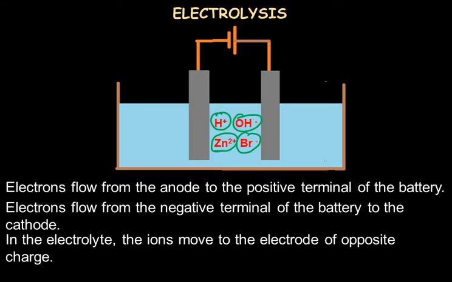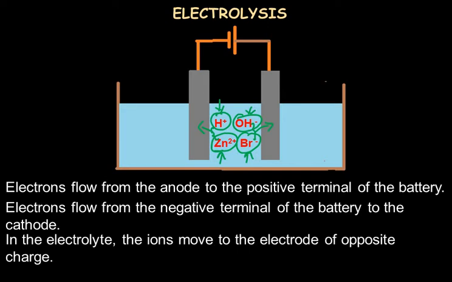Now we can see that there are two cations present in the electrolyte and two anions. Out of the two cations, which one will get discharged at the cathode, and out of the two anions, which anion will get discharged at the anode? That depends on the position of the ion in the reactivity series.